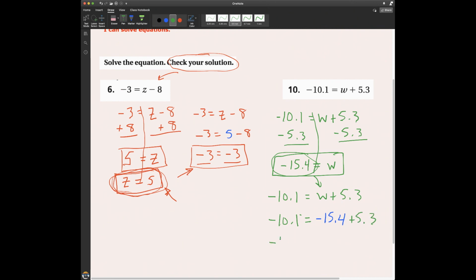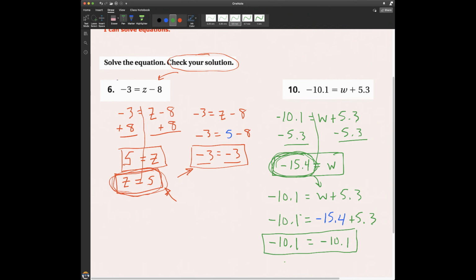And again, I end up with negative 10.1 on this side all by itself. And negative 15.4 plus 5.3 is negative 10.1. You can check that on your calculators. So by checking my answer, this tells me, because both sides are exactly the same, that this is the solution to the equation.